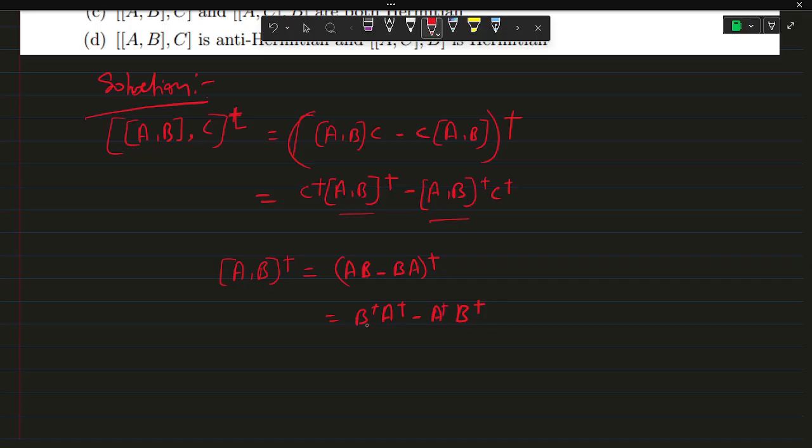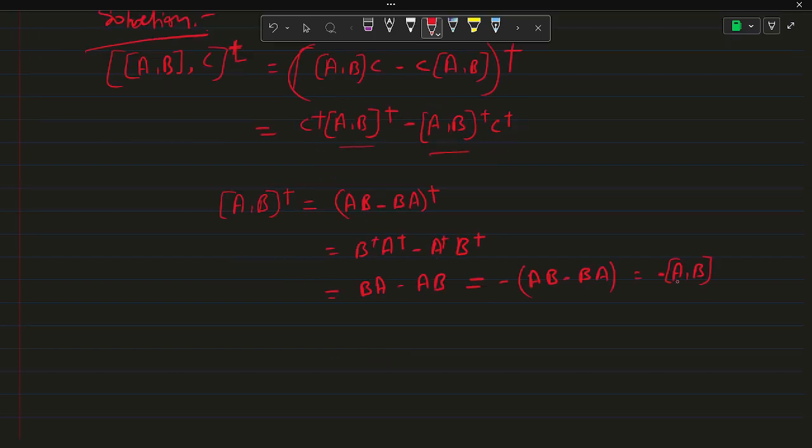A and B are Hermitian, so we can write it as BA minus AB. We can take the minus outside: AB minus BA. So the commutator AB dagger is minus AB. Now we will put this in this equation.